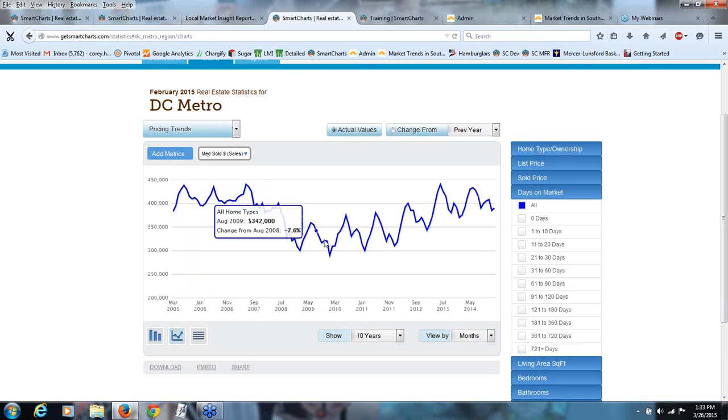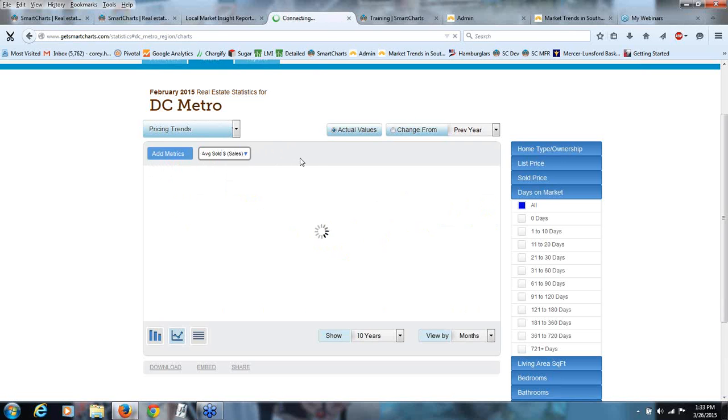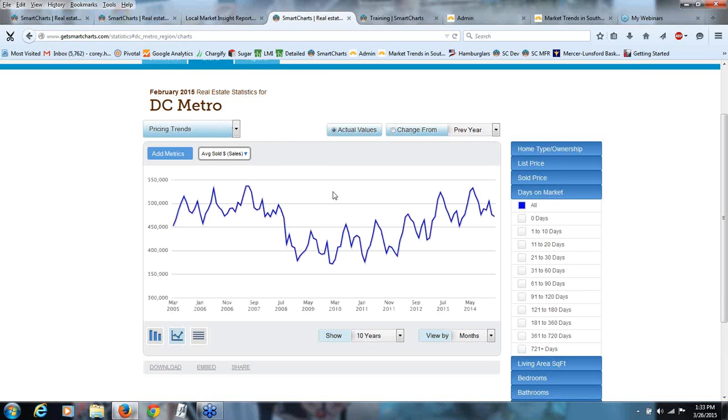This is the median sale price for homes that closed in a given month. With Smart Charts, we've added other metrics like the median list price for sales and average sold price over time. You can see that seasonality.